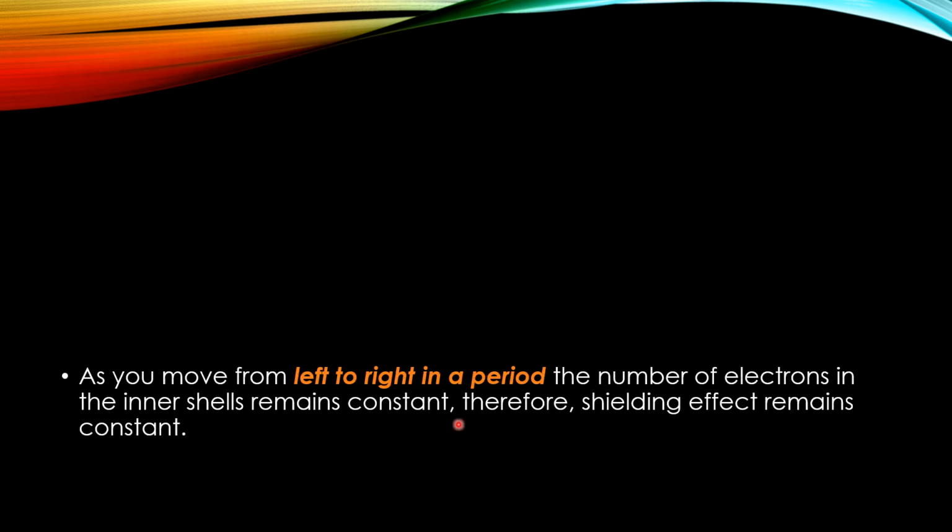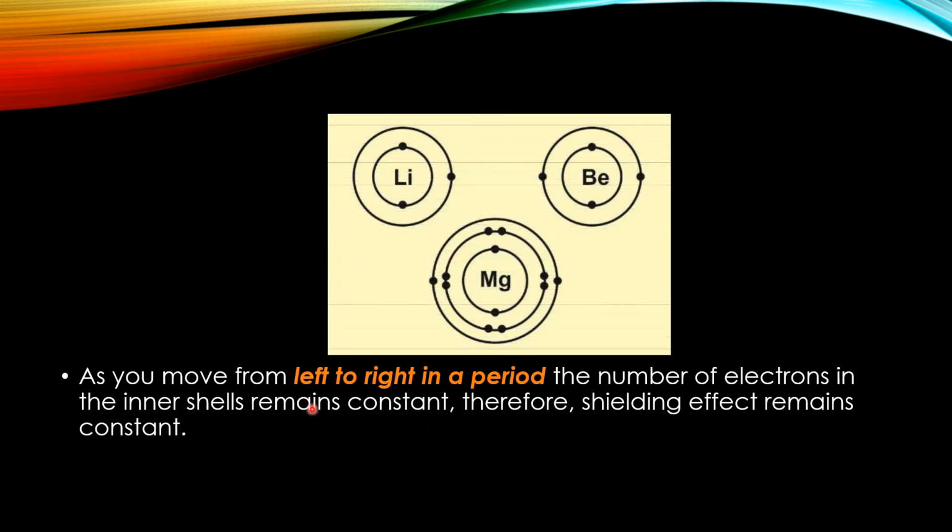But what happens when we move from left to right in a period? The number of electrons in the inner shell remains constant, just like you can see when we move from lithium towards beryllium. Here you can see that there are 2 shells, and again in beryllium there are 2 shells. So the number of electrons in the inner shell remains constant.